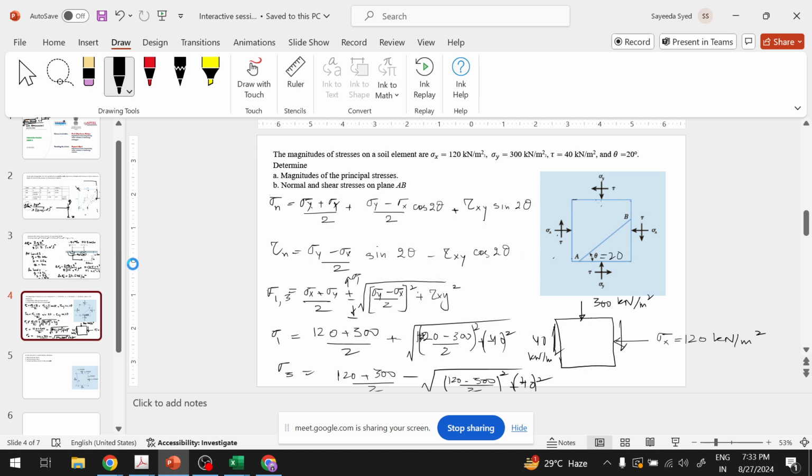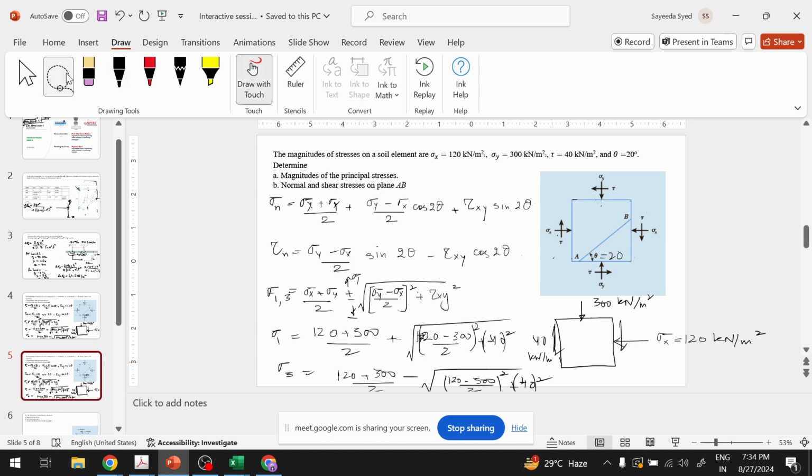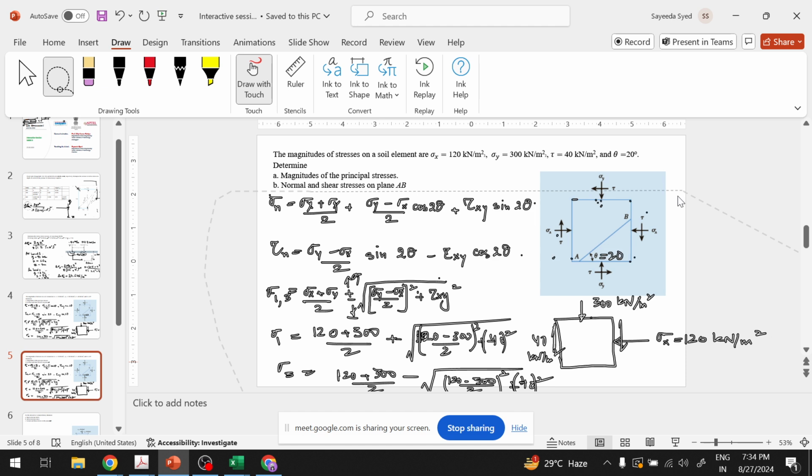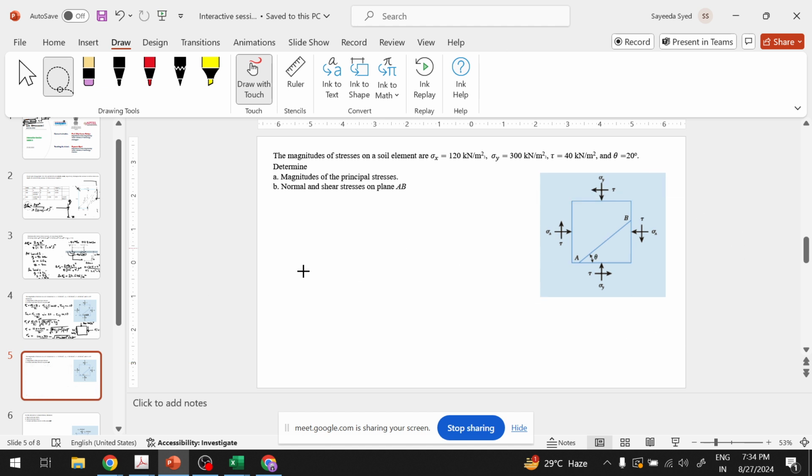Let's duplicate the slide. So let's calculate.